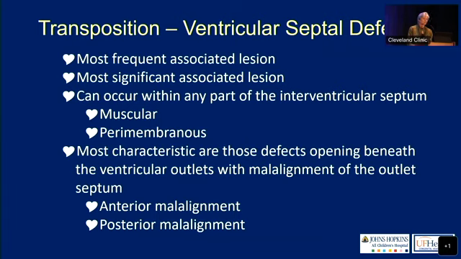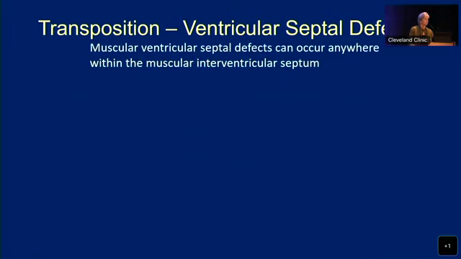The most characteristic of these defects are probably the ones that occur beneath the ventricular outlets, and those typically are associated with malalignment of the outlet septum. The outlet septum can be deviated in an anterior superior direction or posteriorly. The anterior malalignment we'll talk about in the next section when we talk about aortic arch malformations, but we'll focus on the posterior malalignment more in this session.